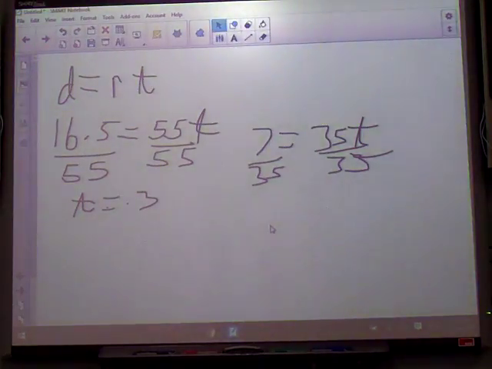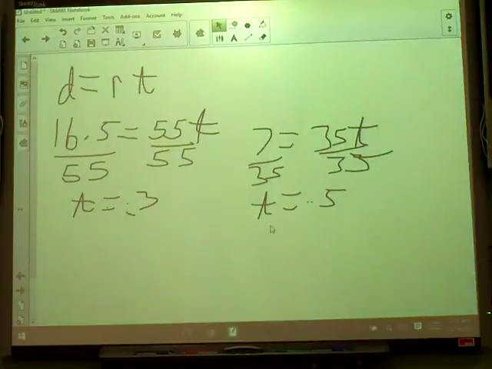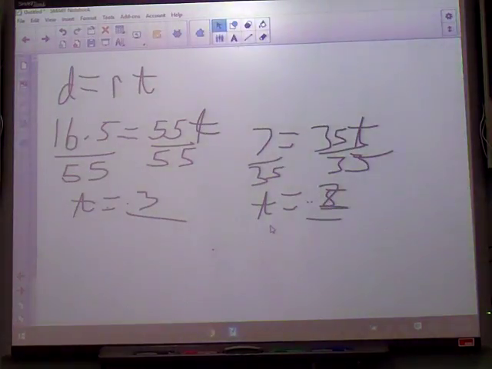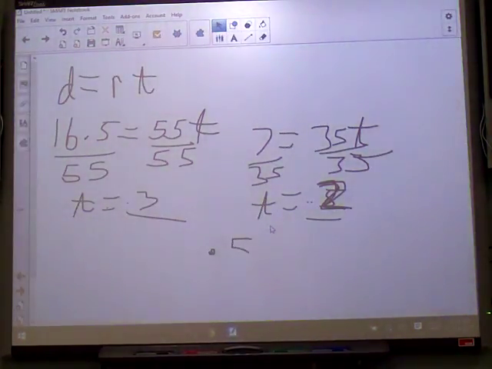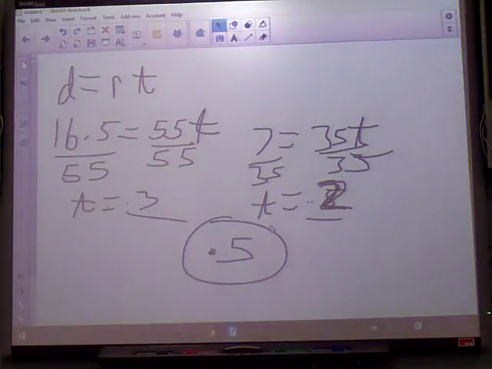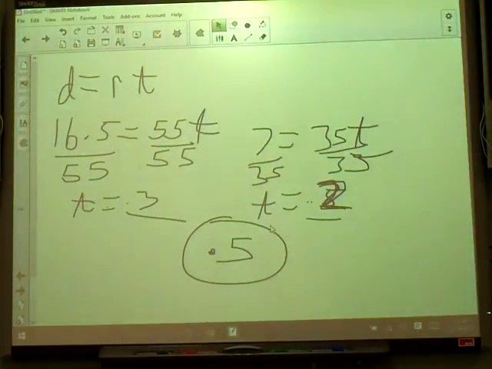Oh, hold on, that got me 0.2. I was looking at my final answer. 7 divided by 35 is 0.2. So 0.3 plus 0.2 gets you your total for part A, 0.5. So it took you half an hour to go 16.5 highway miles and 7 city miles.